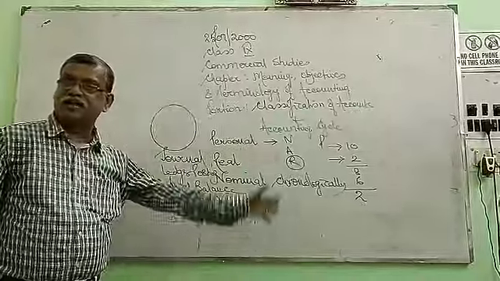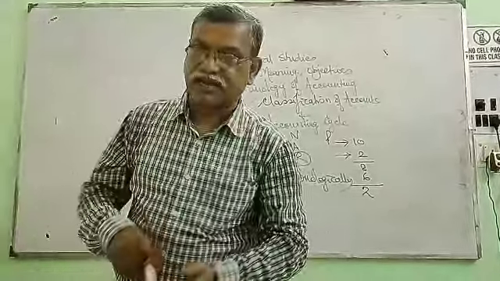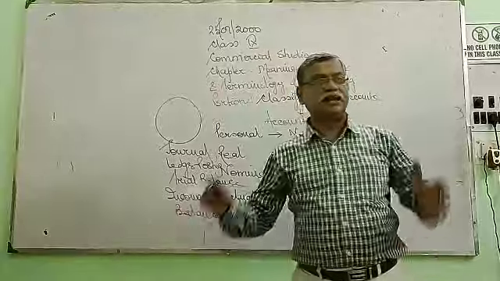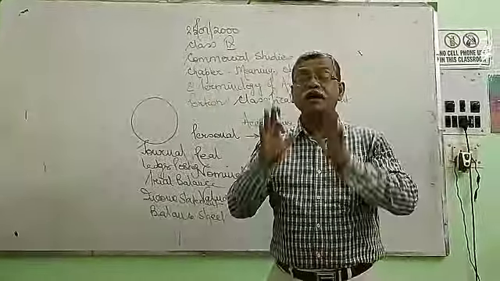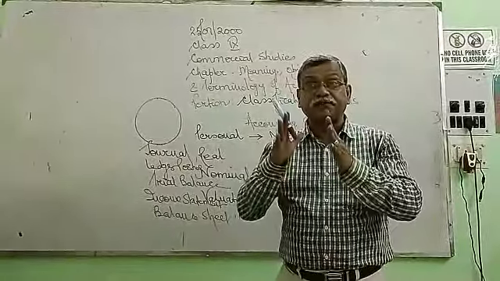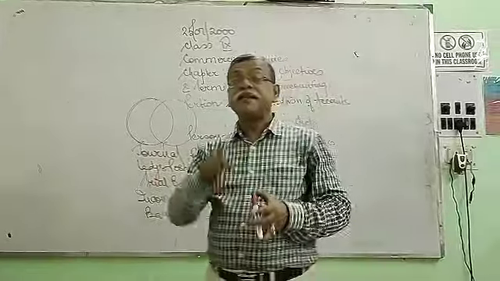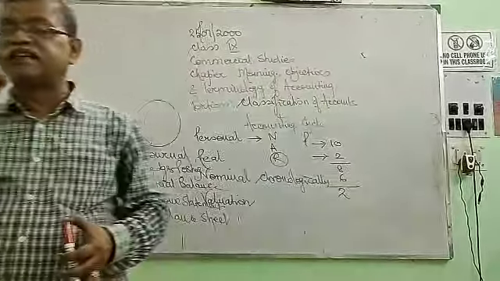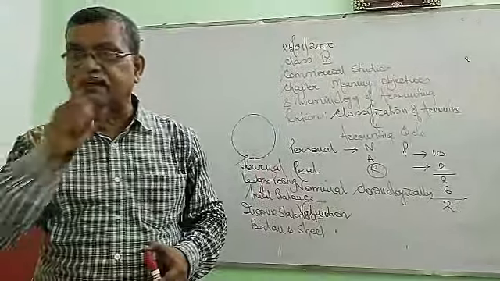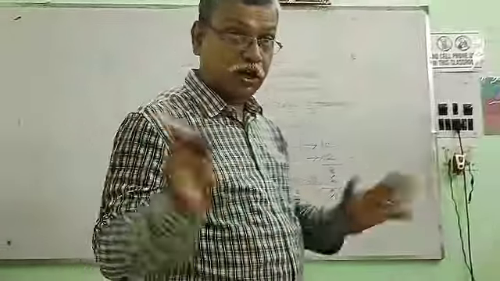Now, in my next class or in the coming classes, when I do the trial balance with the help of a pro forma, you will understand better. But for the time being, remember, trial balance is a statement of assets and liabilities. It's not an account.